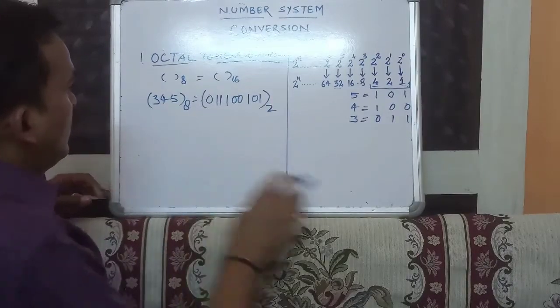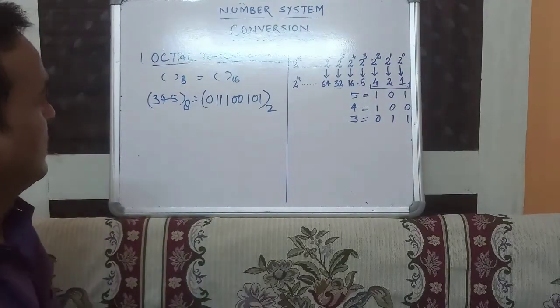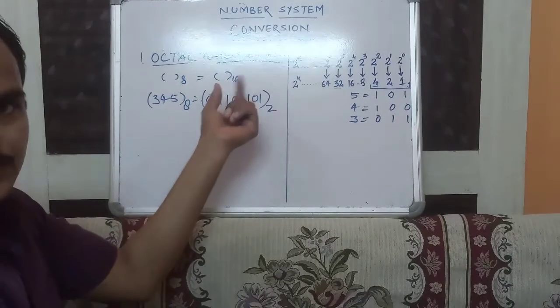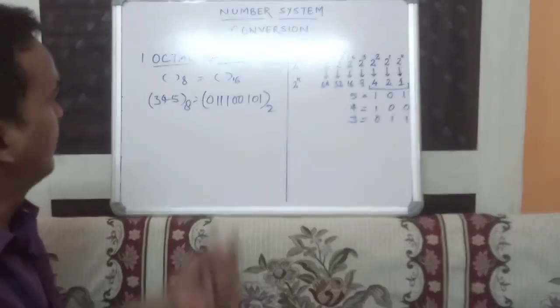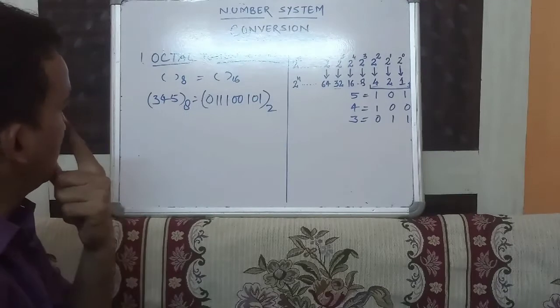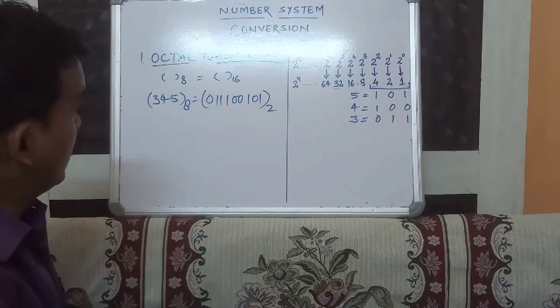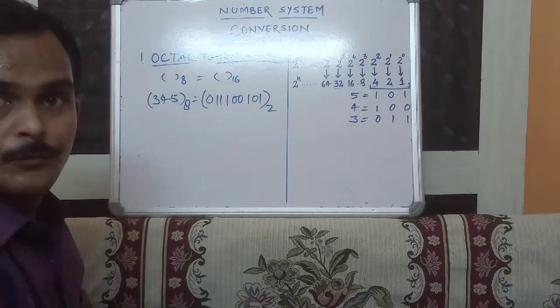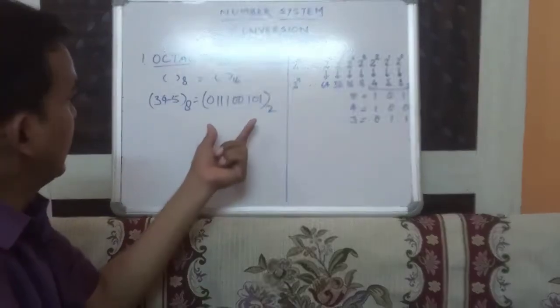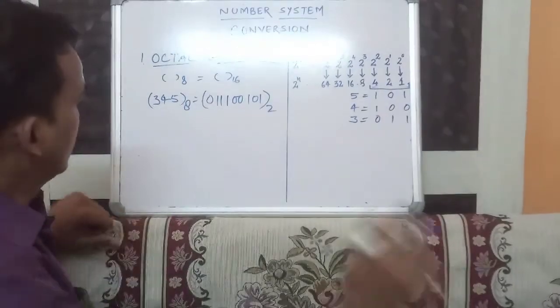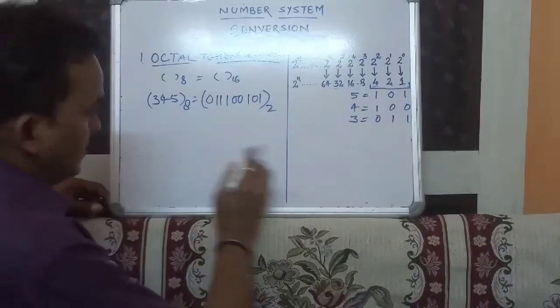Now we have to find out the hexadecimal number. So how will we calculate this number? We will make a combination of 4 bits in this binary number. How?